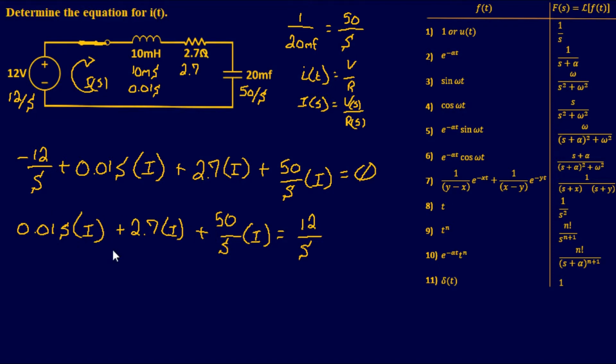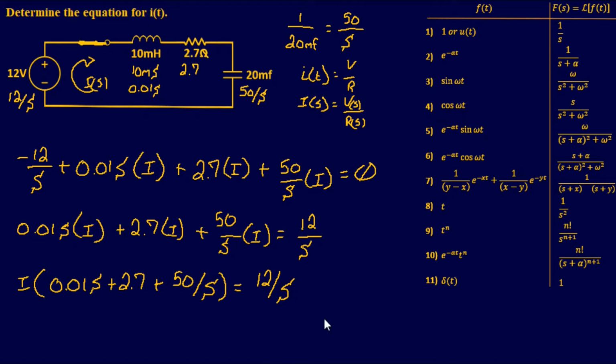Voltage source, resistance values. Now I'm going to isolate current all by itself, so I'm going to say I times, and this is going to be 0.01 times S plus 2.7 plus 50 over S. And that's going to equal 12 over S.